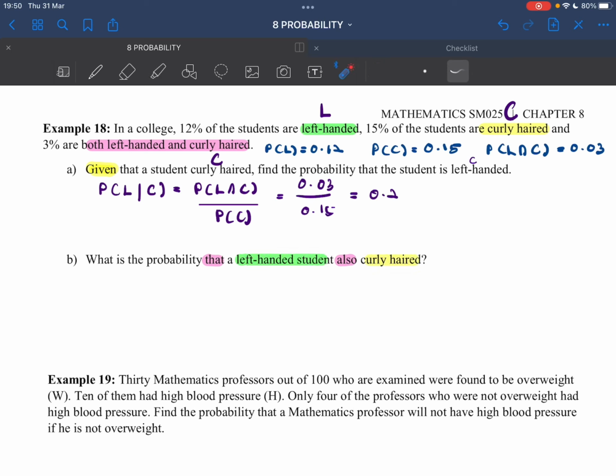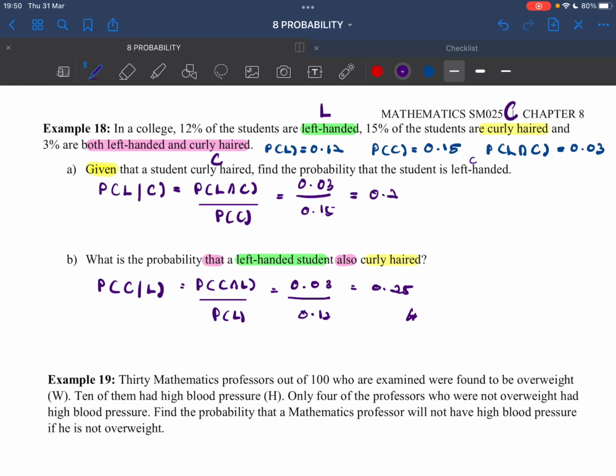That means among the left-handed students, how many are curly-haired? So we have P(C given L), equals P(C intersect L) over P(L). Just substitute into the formula: 0.03 over 0.12 equals 0.25.